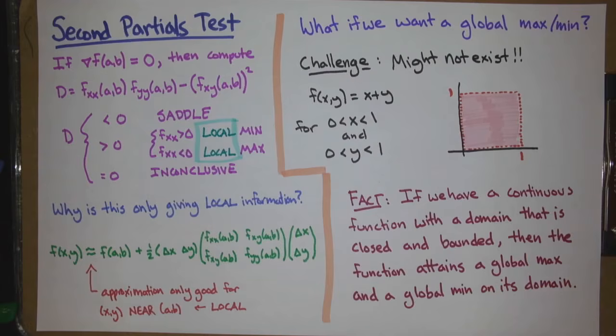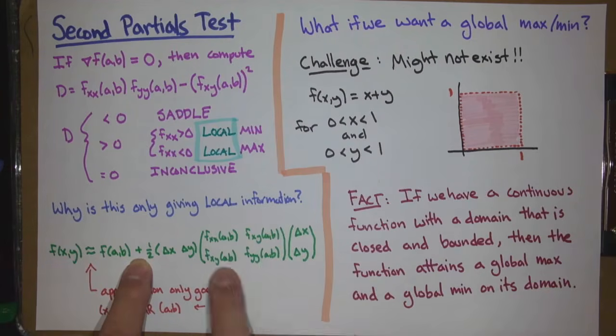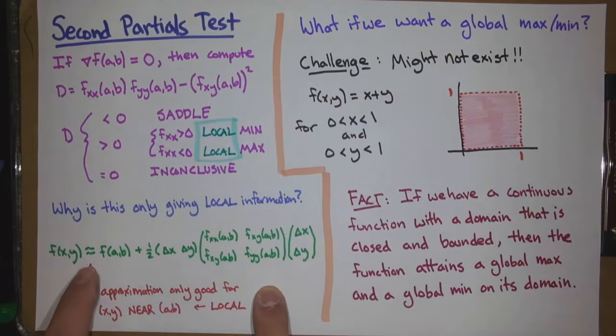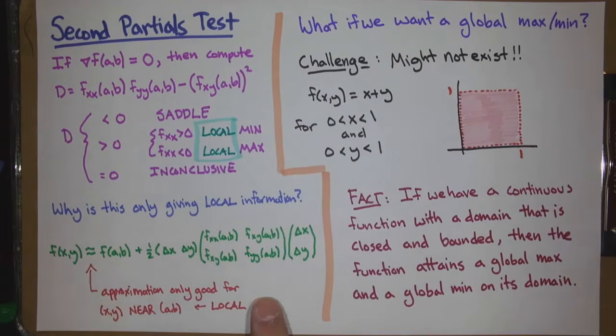And why not? Well, essentially, the second partials test came from looking at this Taylor polynomial. And at the critical point, the linear terms drop away. So the behavior is driven by this matrix, and that's where these pieces come from. But there's this squiggly line that stands for approximation.